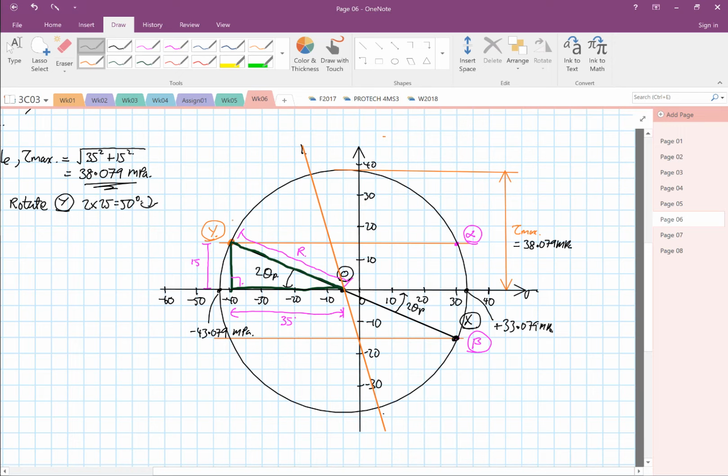It is rotated from here to here, so this is 50 degrees in the clockwise direction. This point over here that we have just found is going to be our Y25. And if you start from point X, this will be our X25 point.